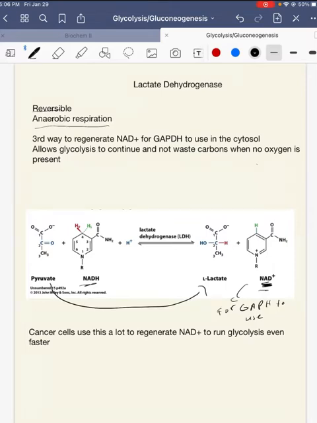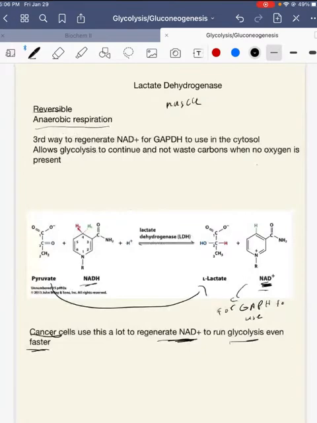This enzyme will mainly be discussed in muscle cells because muscle cells use this enzyme the most when they're contracting really fast. And then cancer cells also need to regenerate a lot of NAD to run glycolysis even faster. So cancer cells express lactate dehydrogenase more than normal.